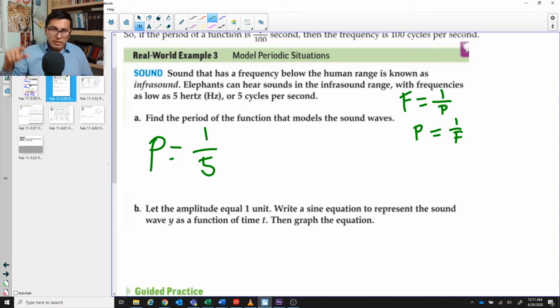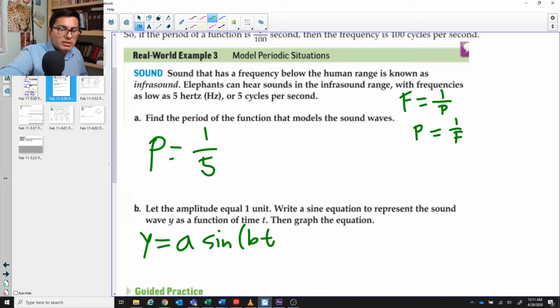And instead of using theta, we're going to use t because it's a function of time. Now, the first thing we're going to say is y equals A for amplitude sine of b times t. Usually instead of t, we would write theta, so we're just going to keep t in this instance. A equals 1. We know that for sure.